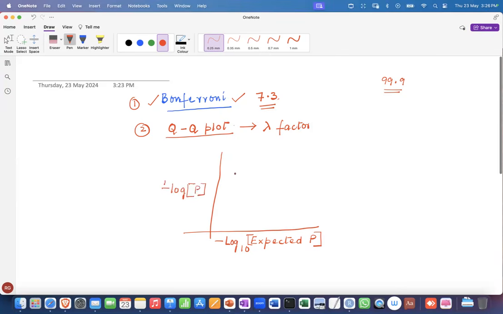This is based on the fundamental that whatever probability values you have got, each of them has a quantile. For example, you have got 100 probability values, and you have plotted them on your y-axis, and this probability value is 0.0001.